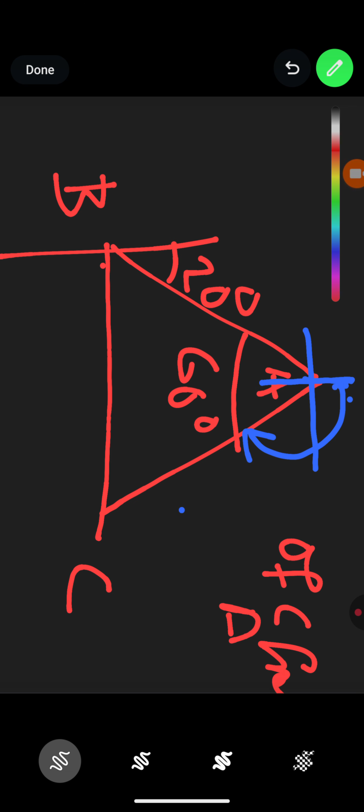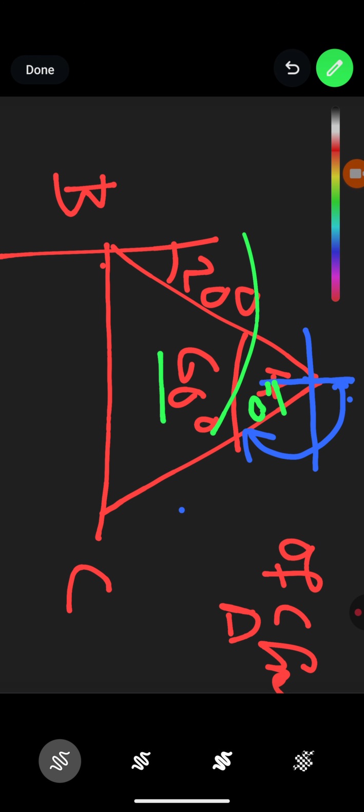So this is the thinking before we start solving. How is it possible for me to find this? They have given me this 60. Some of you may be tempted to think that this is 30. No, you can't just think this is 30, because how are you sure that this divides this and this equally? There is no information, you can't know. So we cannot just assume that it is 30. So how can we find this?